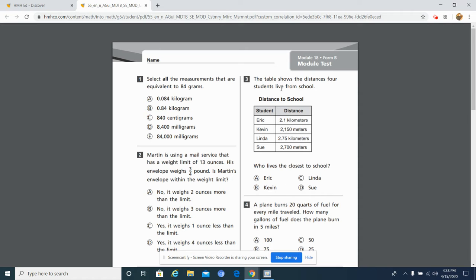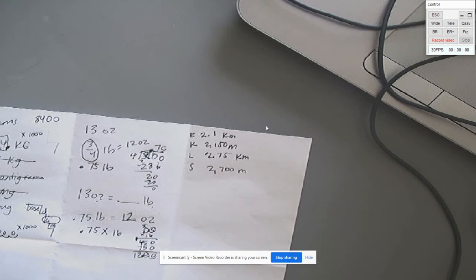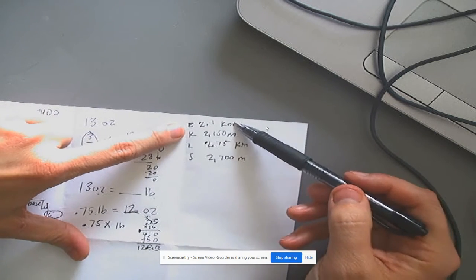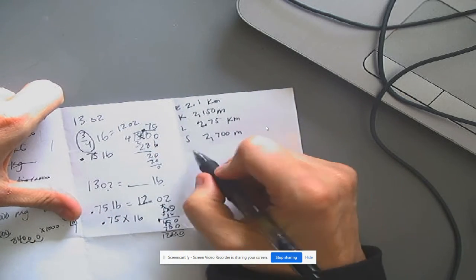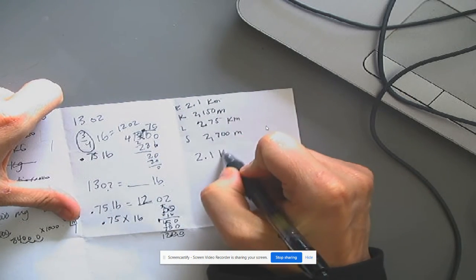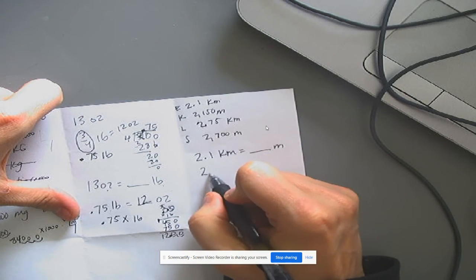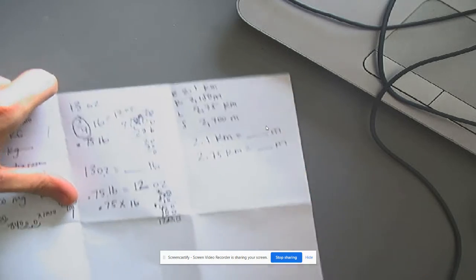Well, we want to decide which one's easier. Horse to fly, large to small, multiply. So we probably want to go kilometers to meters. So I want to say 2.1 kilometers equals how many meters? And 2.75 kilometers equals how many meters?